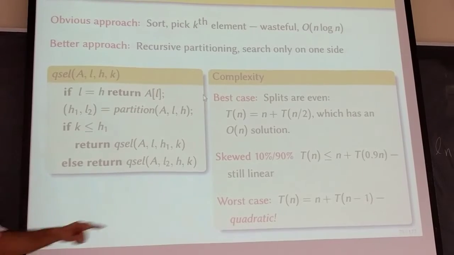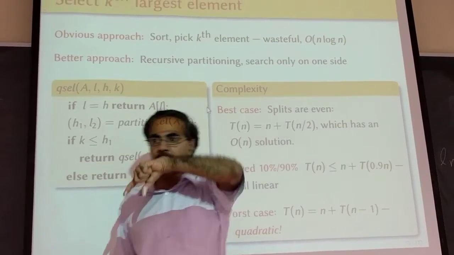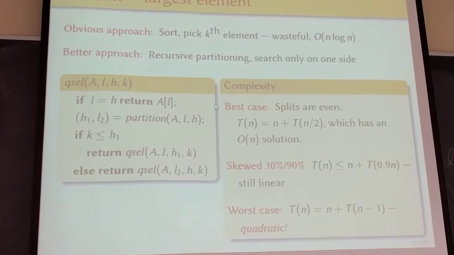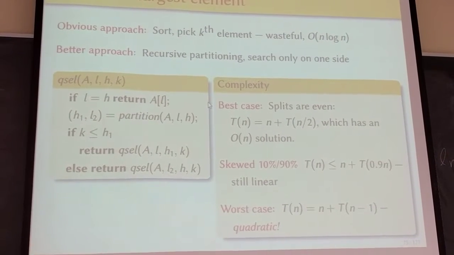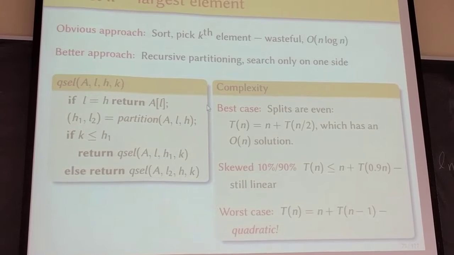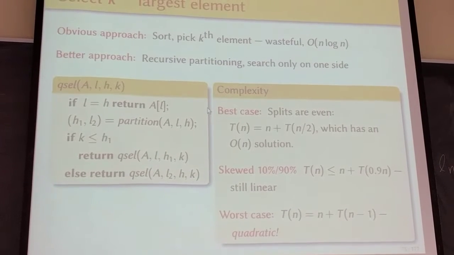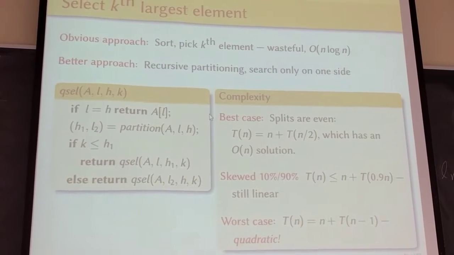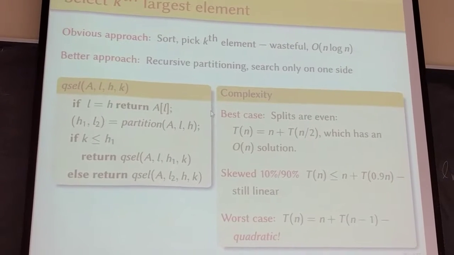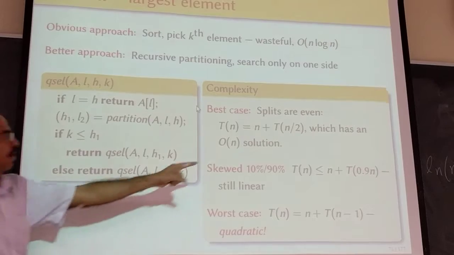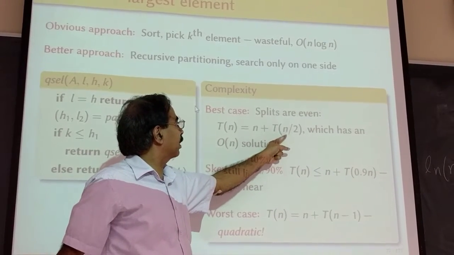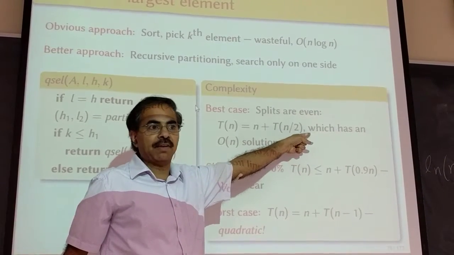So we have T of n equals n plus T of n by 2, and if you work out that recurrence, you will see that it basically turns out to be the summation n plus n by 2, right? If you take T of n by 2 and apply the same expansion, it will give you n by 2 plus T of n by 4, right?